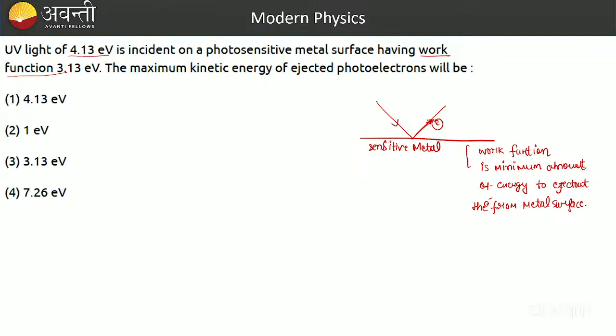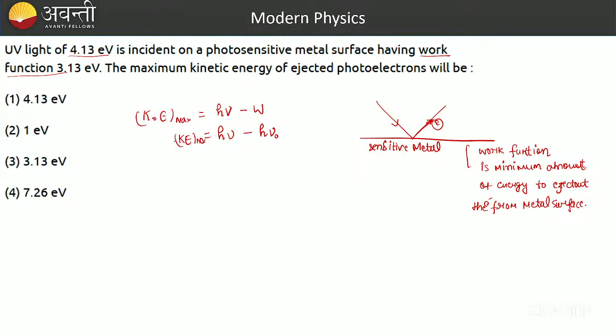Now there is a very famous equation given by Albert Einstein: kinetic energy maximum equals the energy that the incident light is carrying minus the work function of the metal, that is K max = h nu minus phi. Here h is the Planck constant, nu is the frequency. This work function can also be written as h nu naught.